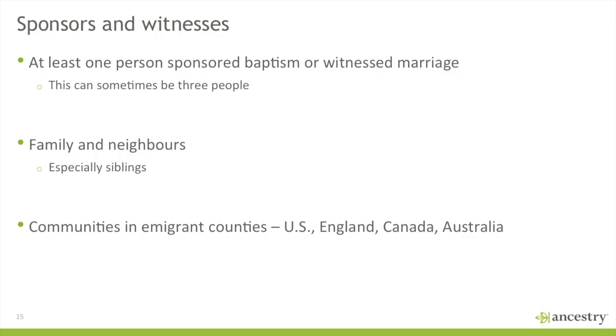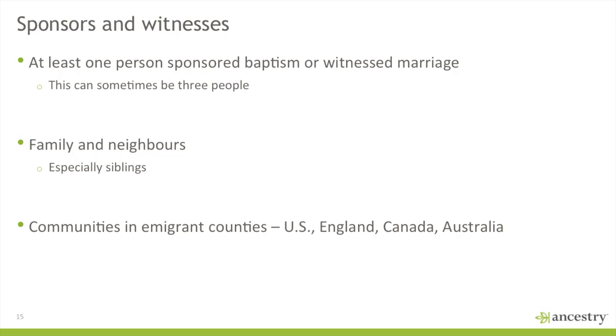For those of you who are doing research outside of Ireland as well, this focus on the baptismal sponsors and the marriage witnesses can be very useful, because a huge feature of emigration from Ireland was chain migration, people following their friends and neighbours to different parts of the US, Canada, Australia and England.